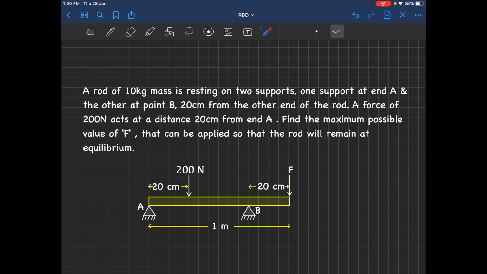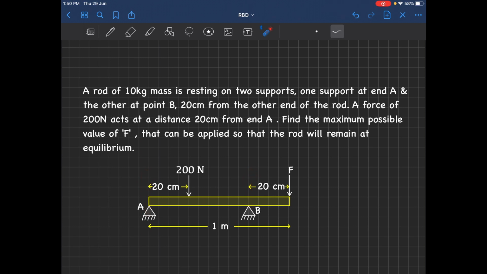So now our question is, what can be the maximum possible value of this F so that the rod will stay in equilibrium? Again, as per equilibrium, we know that net force must be 0 and net torque must also be 0. So in this problem, if we write net force equals to 0, then we will see that there are two unknowns, A and B, two reaction forces.